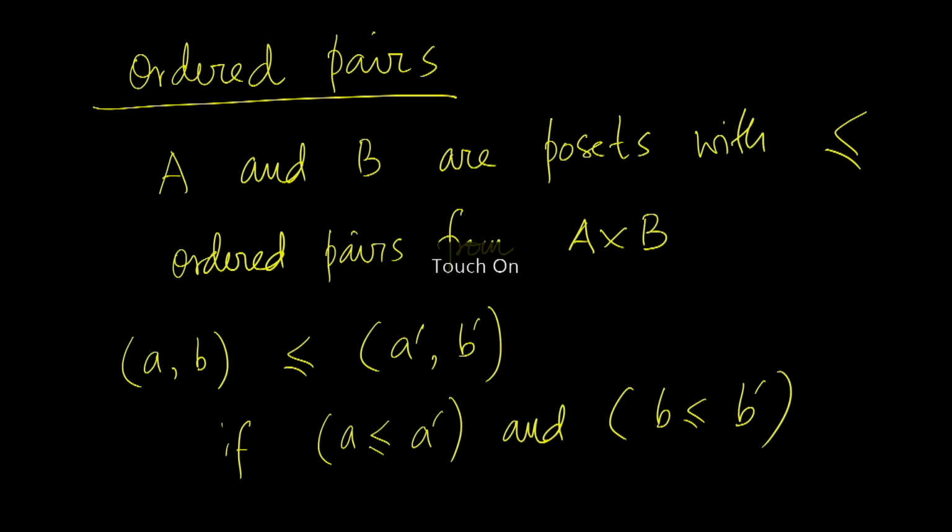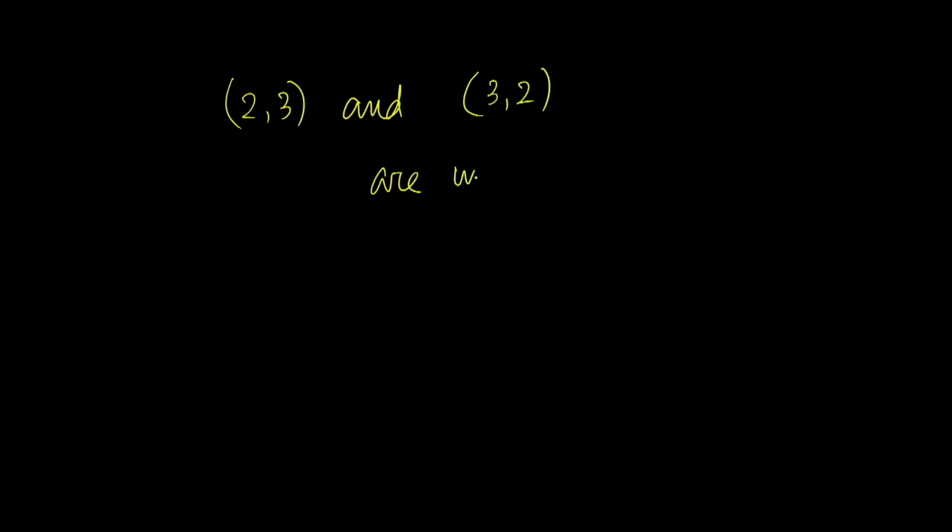So this is one possible ordering. So in this case we can say that 2, 3 and 3, 2 are incomparable according to this ordering.